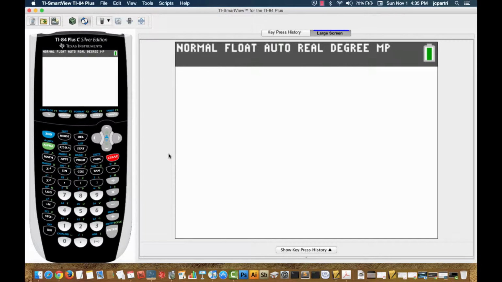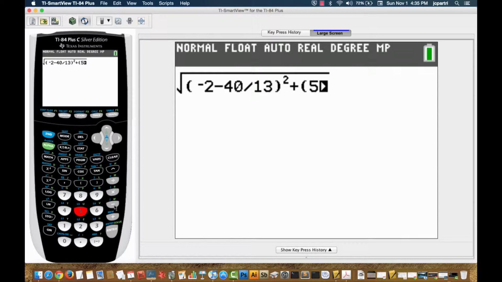And so here we go, ready to calculate the distance. I first begin by taking the square root, and I need parentheses. So I begin parentheses, -2 minus 40 13ths. The way that I do that is I say 40 divided by 13. Close the parentheses, and let's raise this to the second power. Now I say plus a parenthesis, and this becomes 5 minus 21 divided by 13, that's 21 13ths.